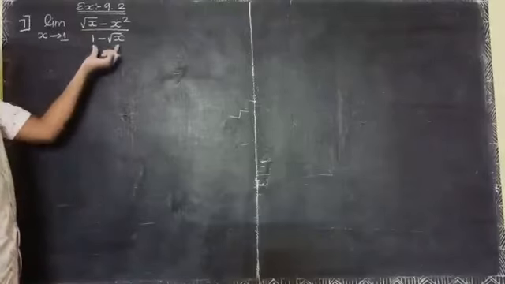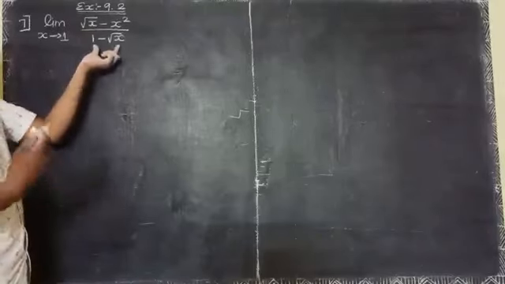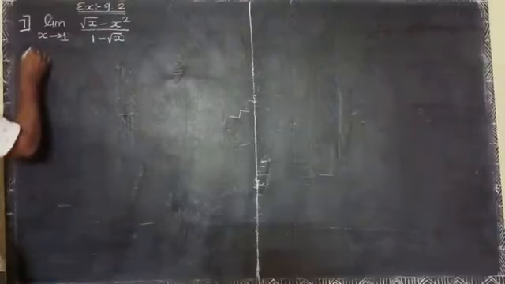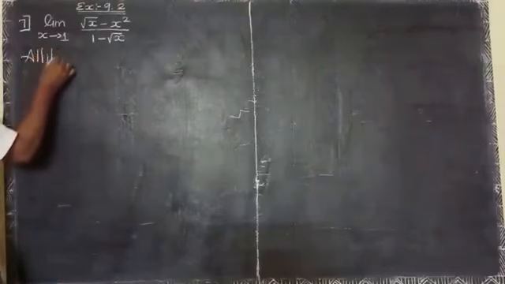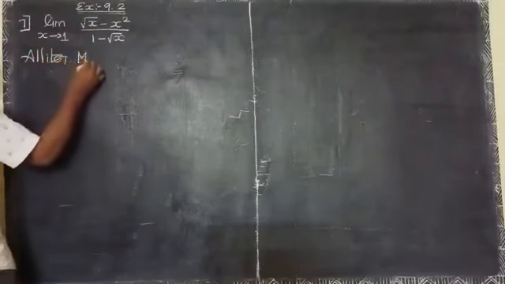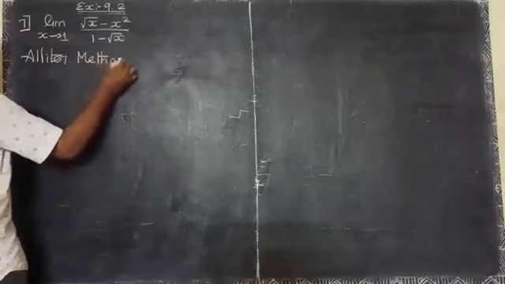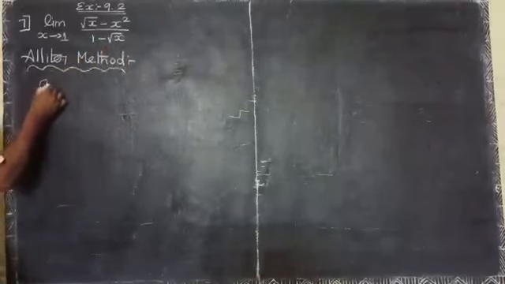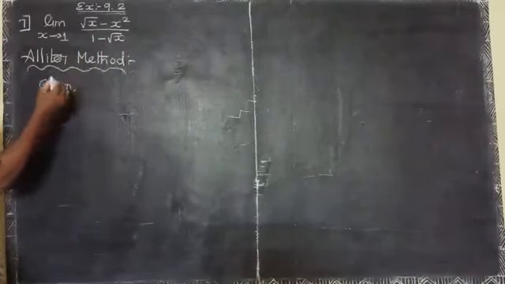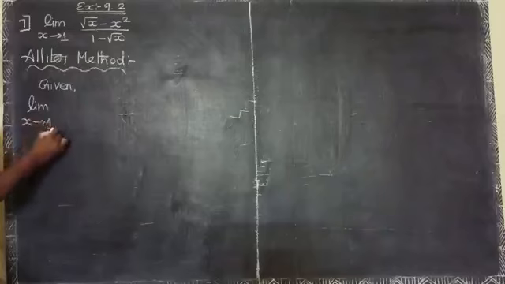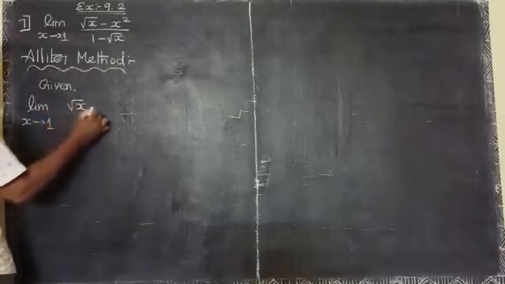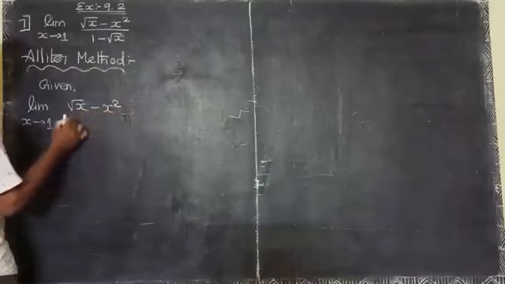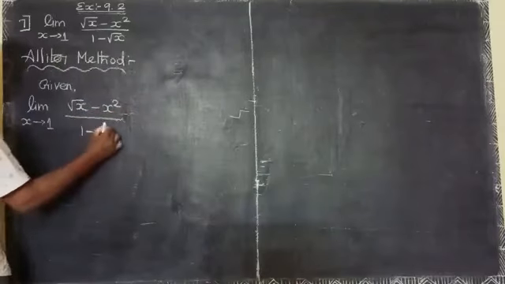Question number 7. Can we find the solution by another method, that is the alternate method. Given limit x approaches 1, (square root of x minus x square) divided by (1 minus root x).